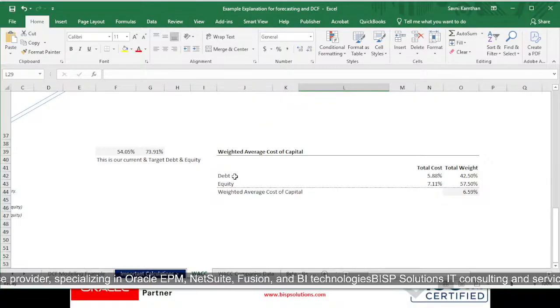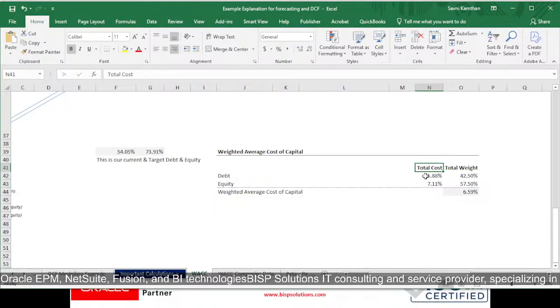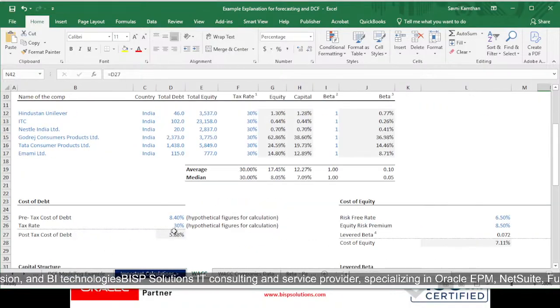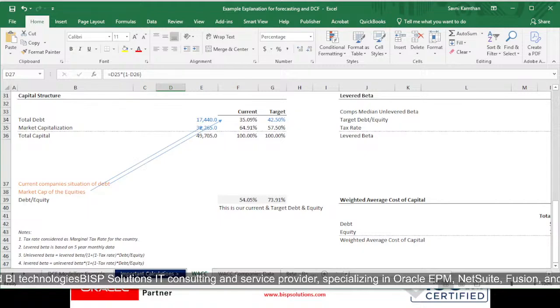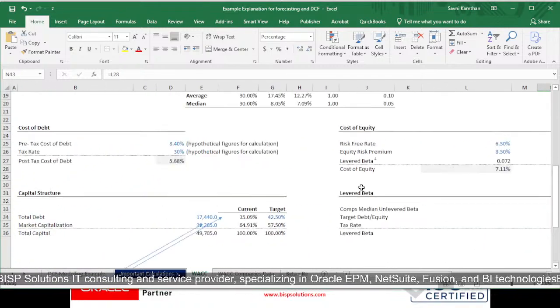For calculating it, I have taken two heads only, which are debt and equity. I will calculate it as total cost, where I have taken my debt, which is 5.88. I have taken it from my post tax cost of debt, and my equity, which is 7.11 percent.